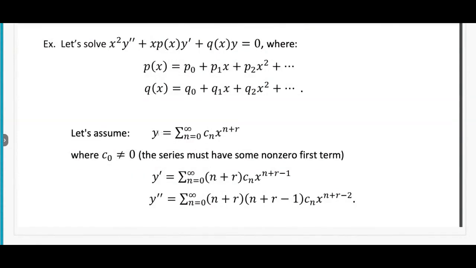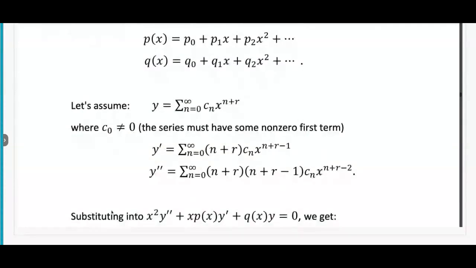So now let's assume a solution is this: x raised by r times our original power series. That changes the power of x to x raised by n plus r. So the initial C naught must not be 0.